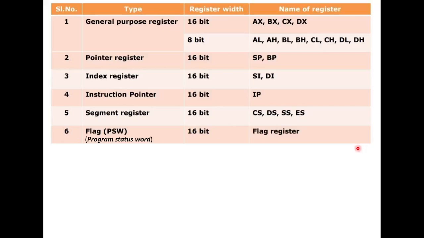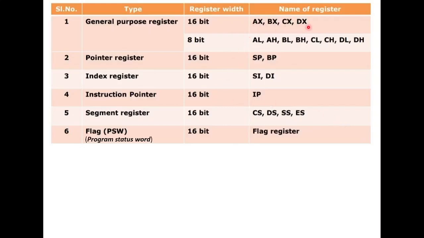So next, what we have discussed so far, we'll see as an overview in this tabular column. General purpose registers we discussed in the previous videos. There are four general purpose registers: AX, BX, CX, DX. AX means accumulator register, BX means base register, CX means counter register, DX means data register.